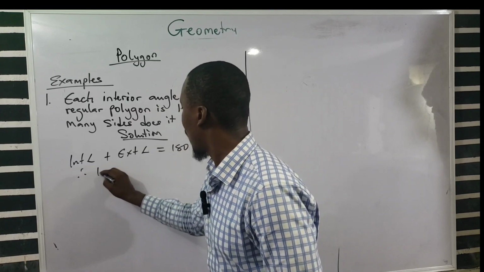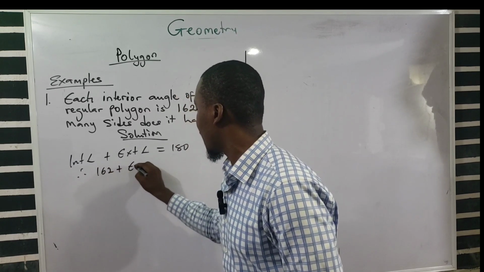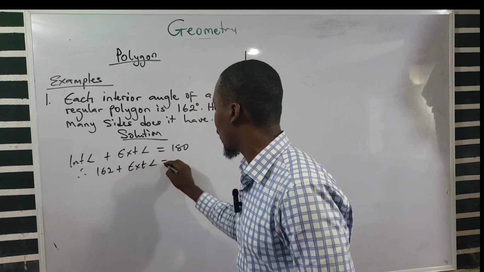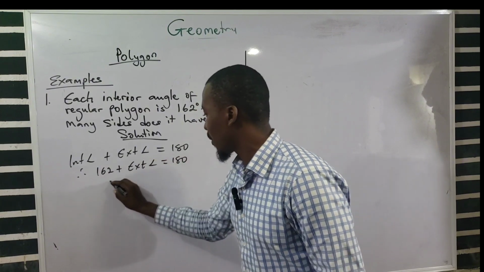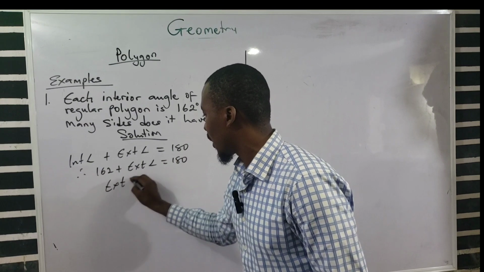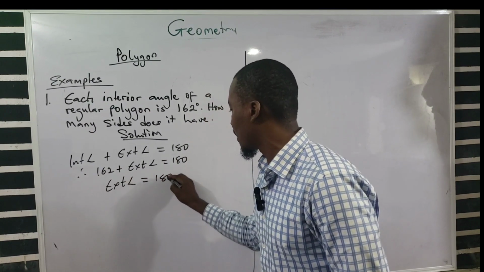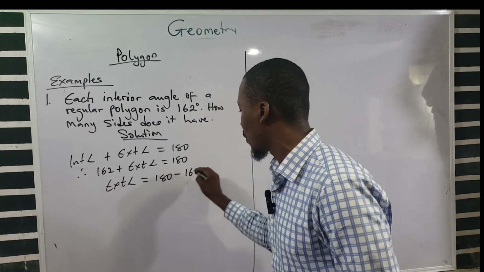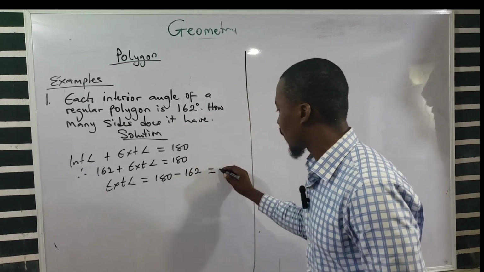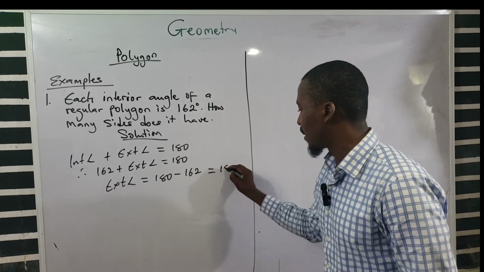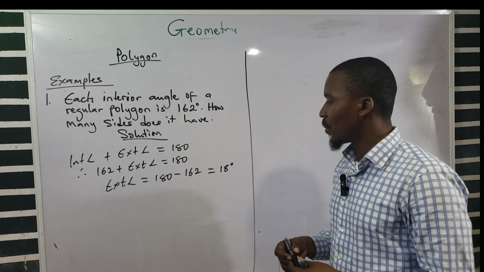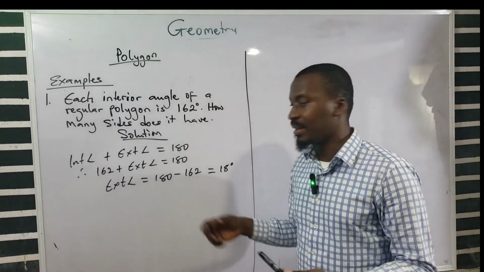Therefore, 162 plus the exterior angle equals 180 degrees. That will give you that the exterior angle equals 180 minus 162, so that will give us 18 degrees. Okay, so each exterior angle is 18 degrees.